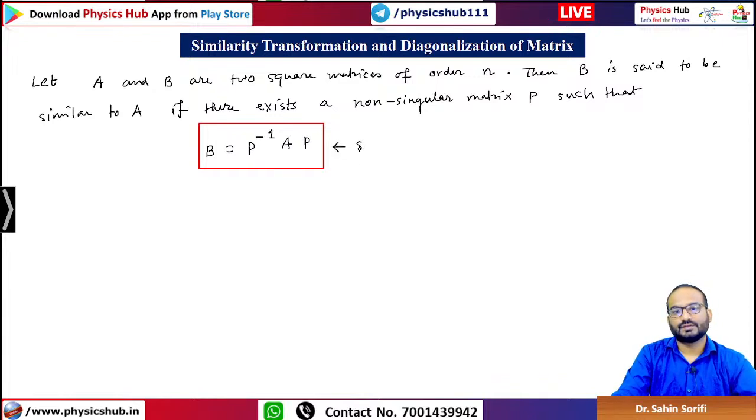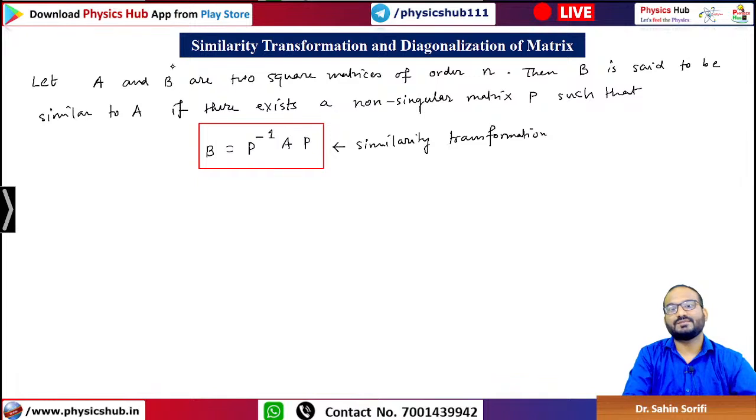This is the similarity transformation. And these two matrices A and B are called similar matrices.